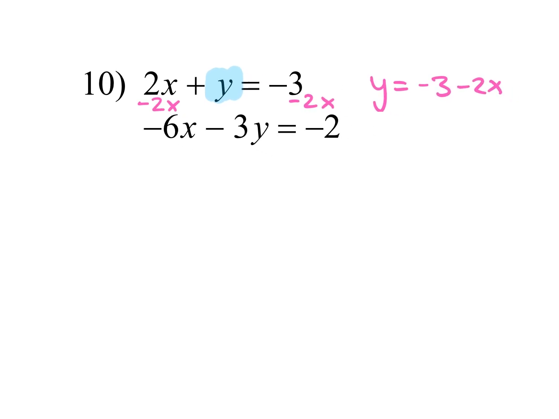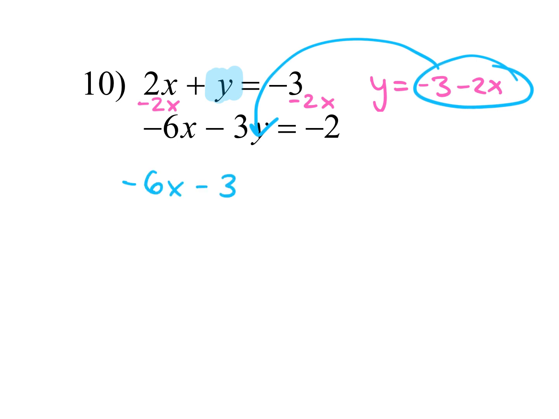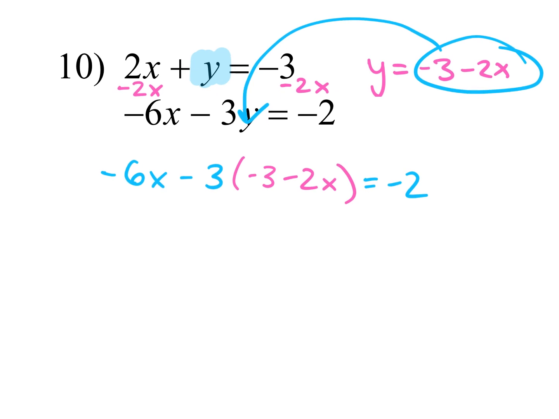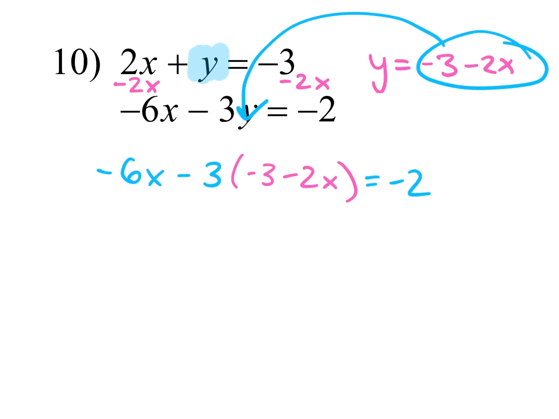Since we made it y equals, we're going to take what y is equal to and substitute it into the y in the other equation. So negative 6x minus 3 times negative 3 minus 2x is equal to negative 2. Any questions? What would we do next? Distribute.